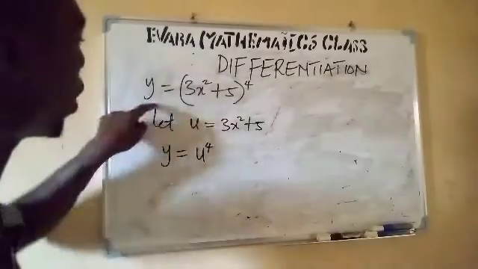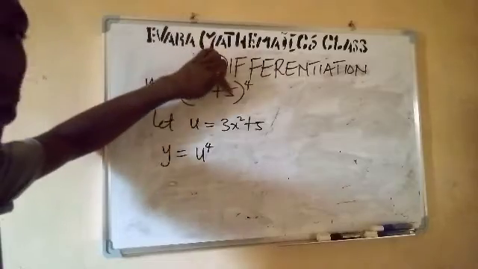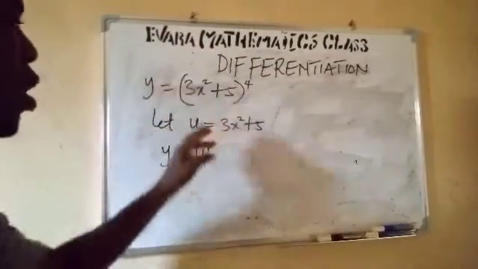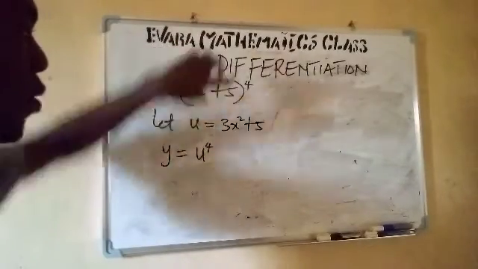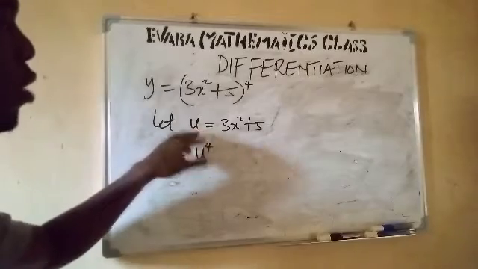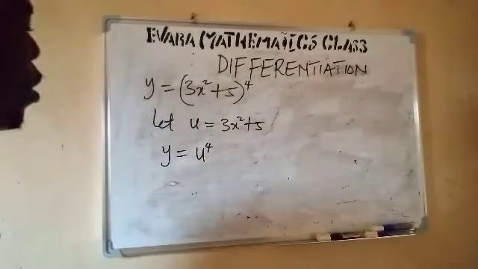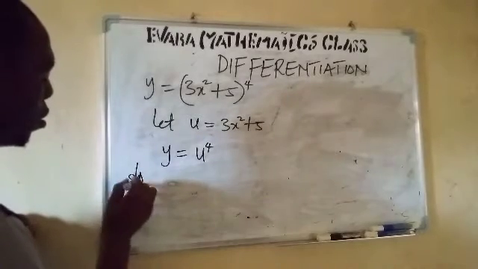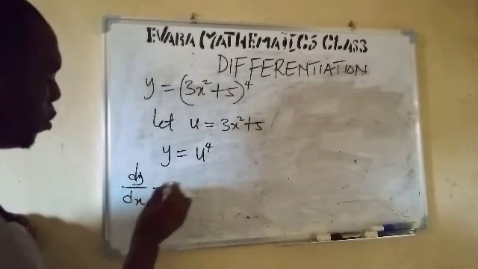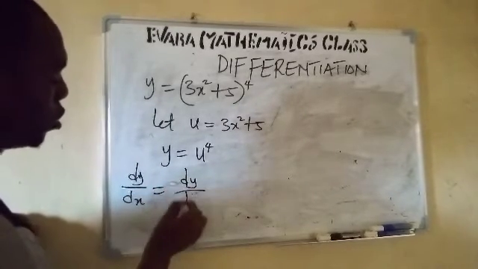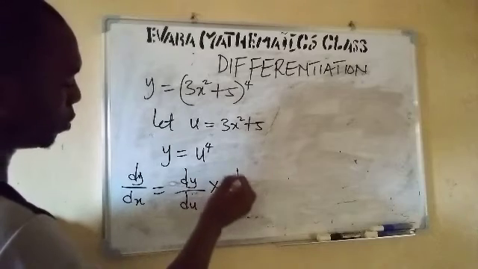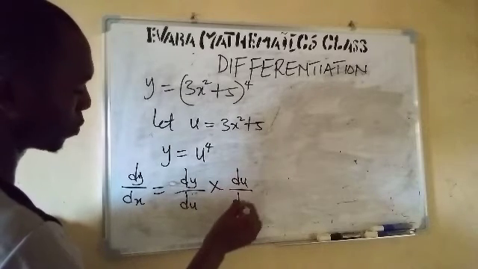We can see that y initially was (3x squared plus 5) raised to the power of 4. And now we have replaced this 3x squared plus 5 with u. So that means y is now u raised to the power of 4. So our dy/dx will now be dy/du multiplied by du/dx.